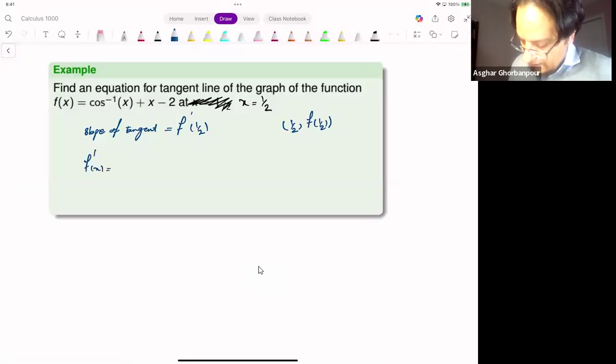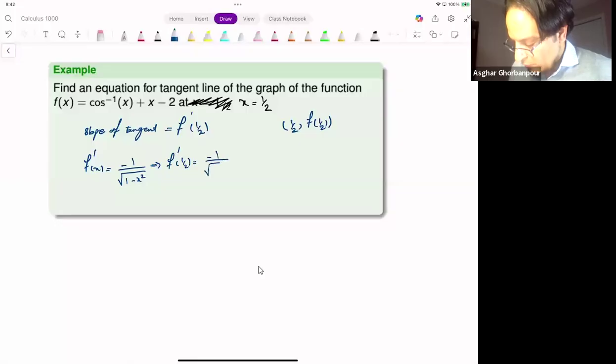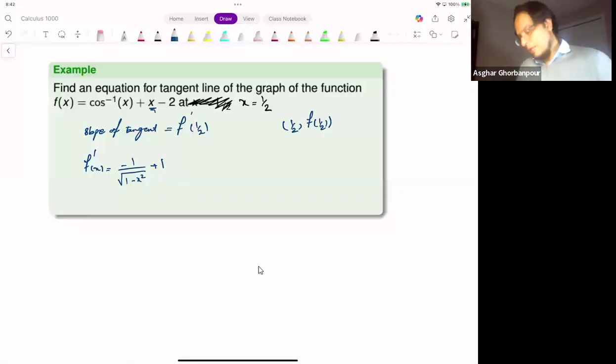F prime of x is the derivative of cosine inverse, which is negative 1 over square root of 1 minus x squared. And then there's an x, so plus 1, that's the derivative of x, minus 0, since 0 is the derivative of 2.